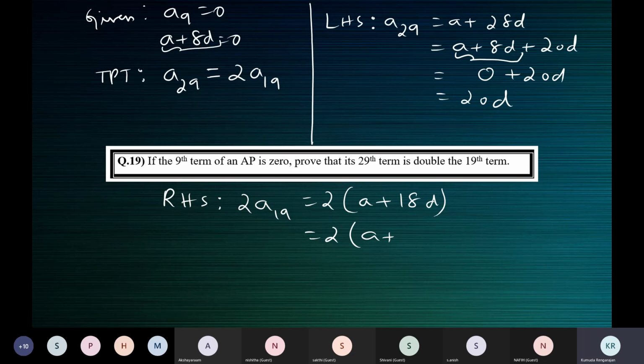Should we write 18d as it is, or what change should we make there? Like we wrote 28d as 8d plus 20d, how do we rewrite 18d?